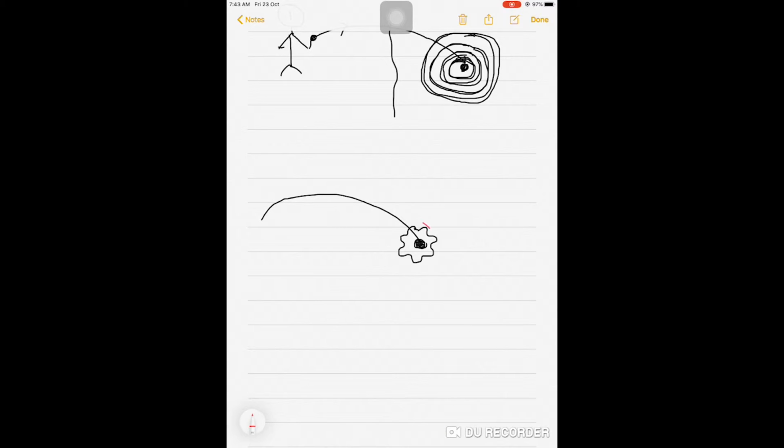All the crests which are impacted by this stone in water are in the same phase, or we have to consider that they are in the same phase. Actually, this is the part where the maximum displacement of the particles is there.